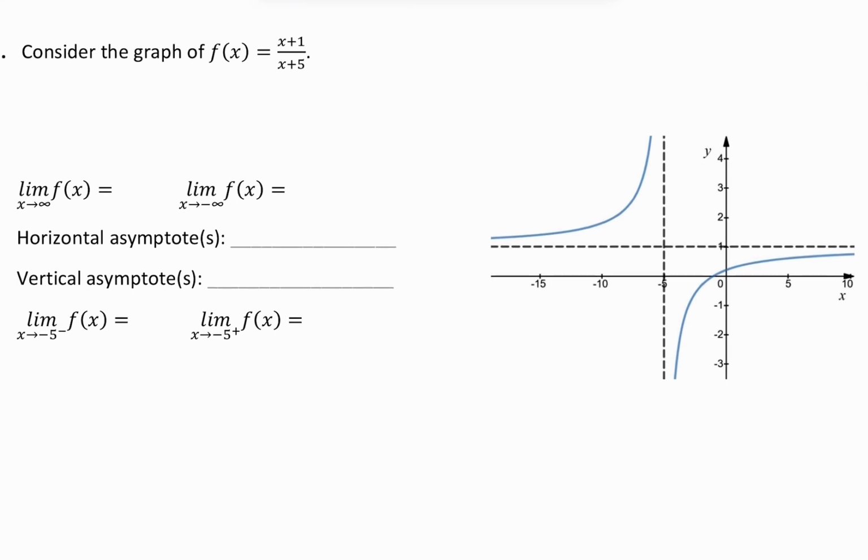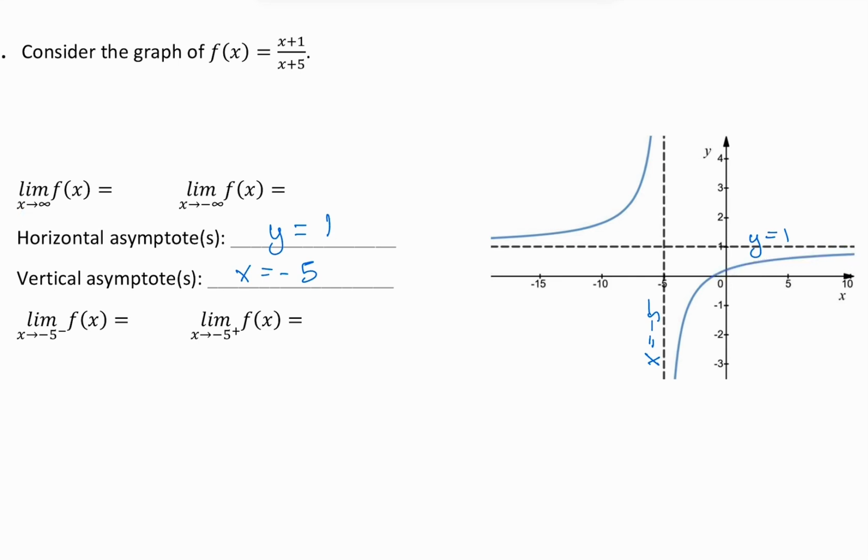In this graph, our horizontal asymptote is y equals 1. We also have a vertical asymptote at x equals -5. So our vertical asymptotes are always in the form x equals a constant, and our horizontal asymptotes are always in the form y equals a constant. So as x goes to the far right, we can see it approaches the y equals 1 line.